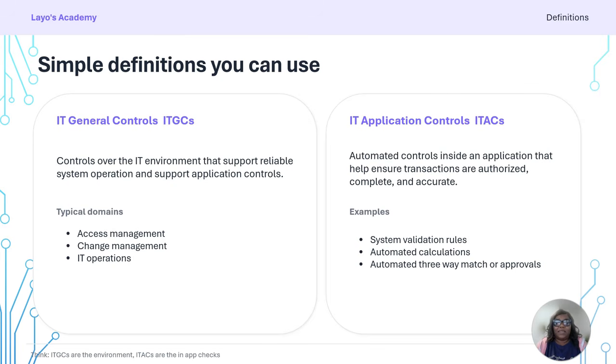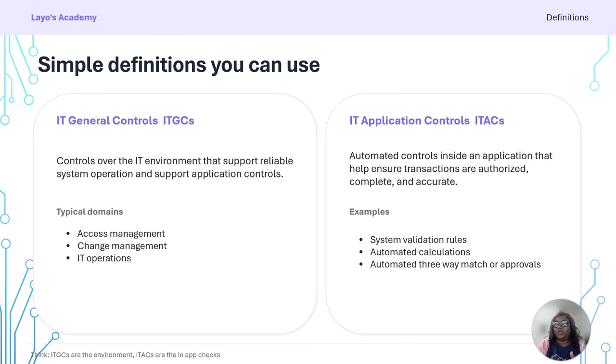And then what are IT application controls? IT application controls, on the other hand, are automated controls inside an application that help ensure transactions are authorized, complete, and accurate. So they are inside the application, ensuring that transactions are authorized in the right manner.